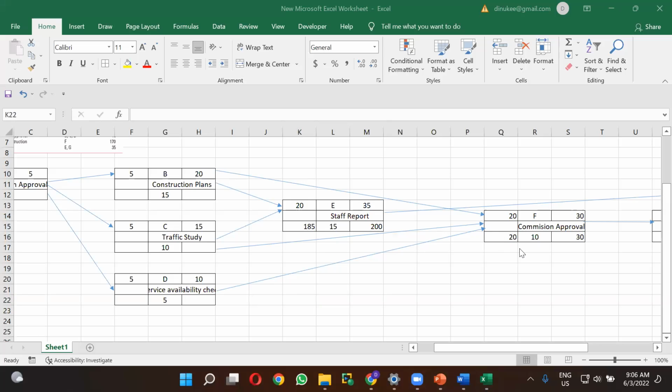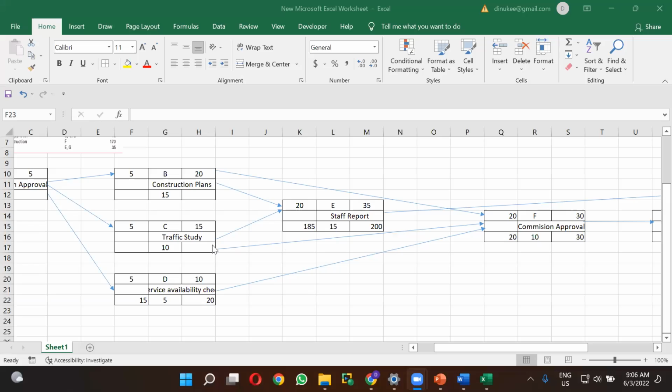So the late finish time of F activity becomes the late start time of the D activity. Therefore, it is 20. So from that 20, you can deduct 5. Therefore, the late start time is 50, right? And I will go for the C activity now.